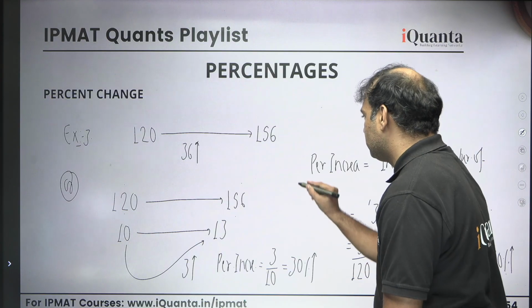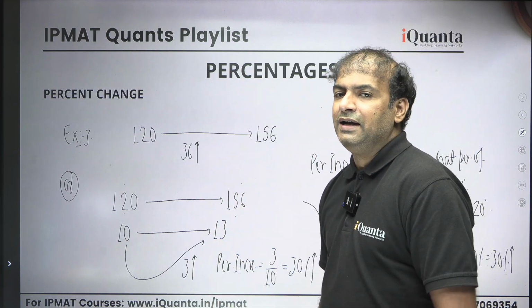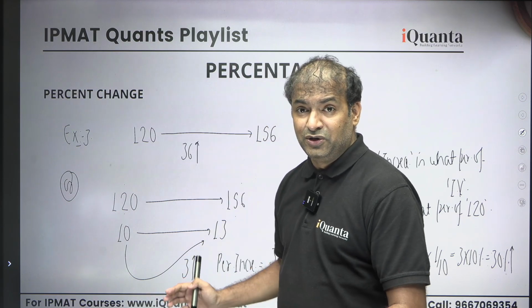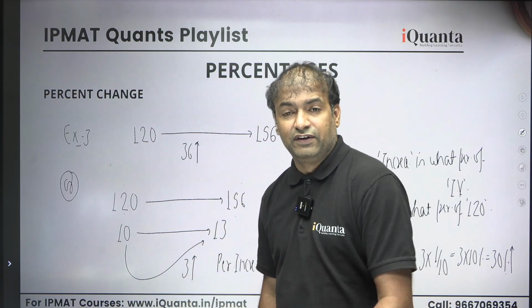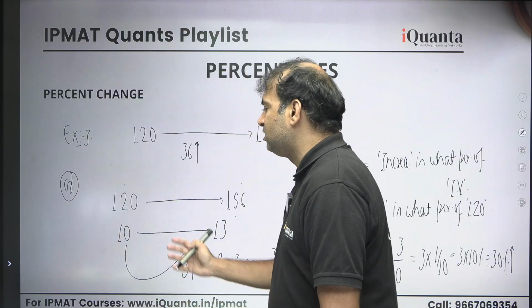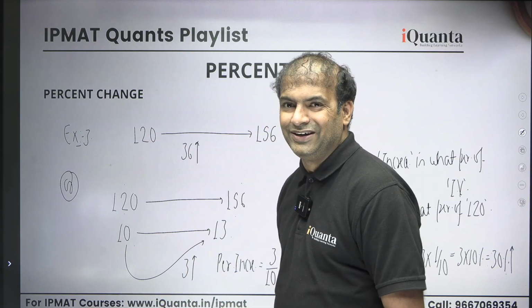So this is how we can do the same question faster. These numbers are very easy, so maybe this method is not looking as effective, but once you apply it to difficult numbers, if you cancel the numbers and write the simplest numbers, trust me, this method will work like magic.